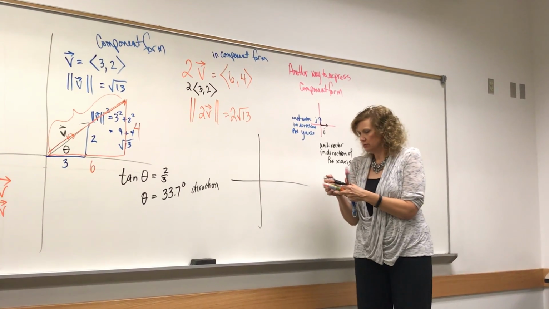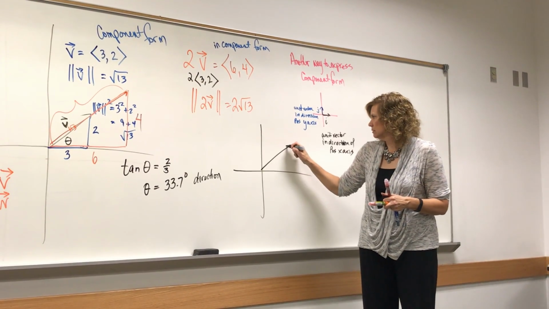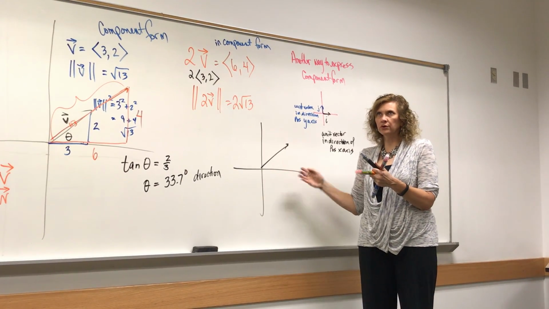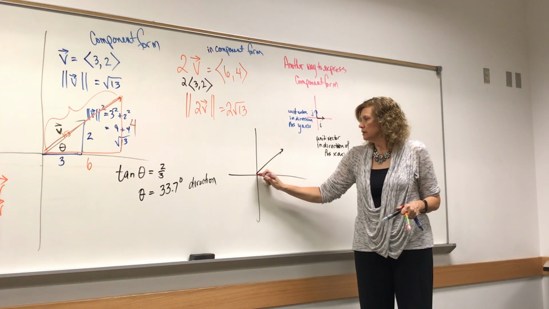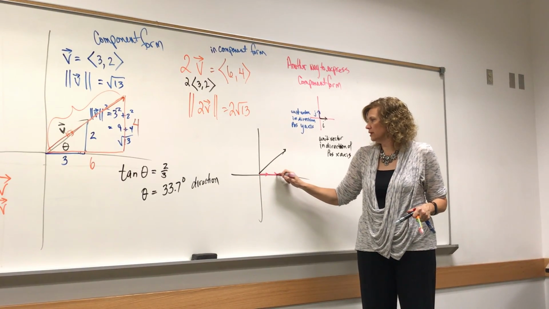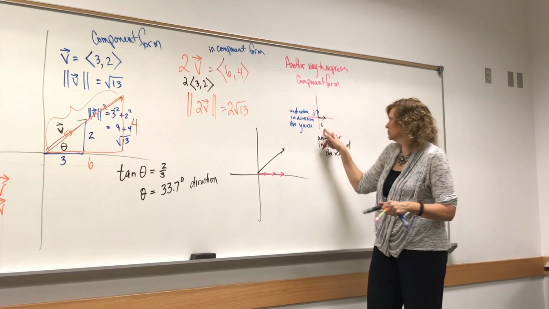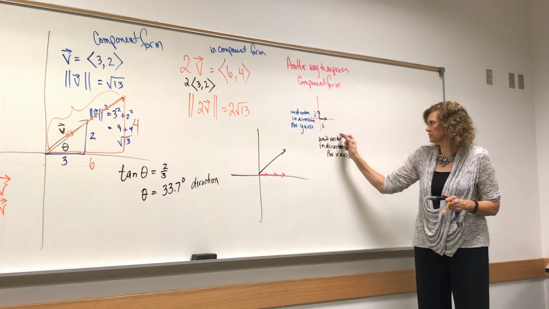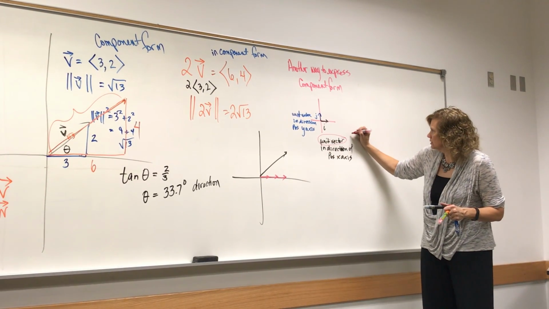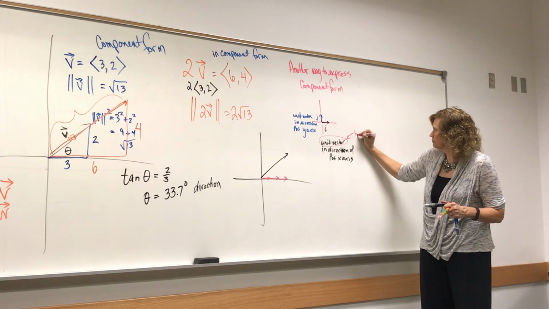Vector v was 3 over and 2 up. Well, it's 3 unit vectors of i. I was supposed to remember to mention a unit vector means it has length 1.